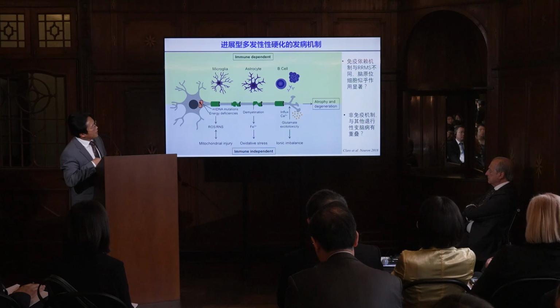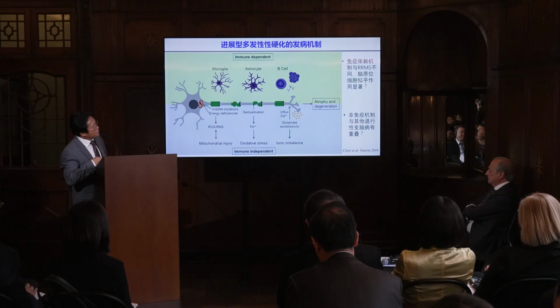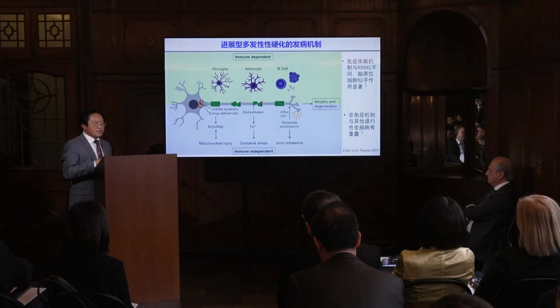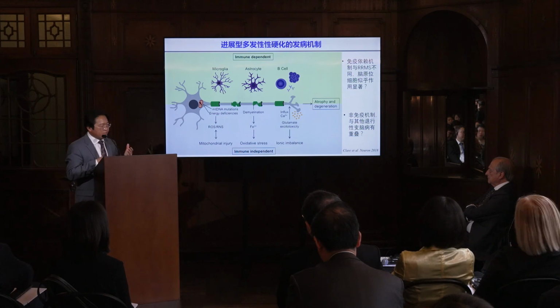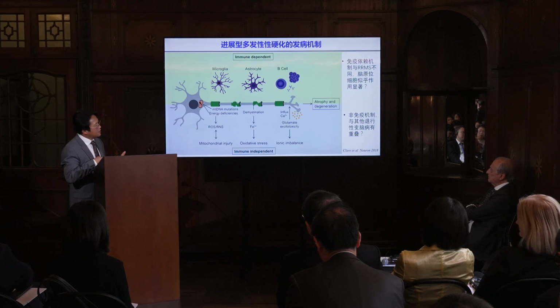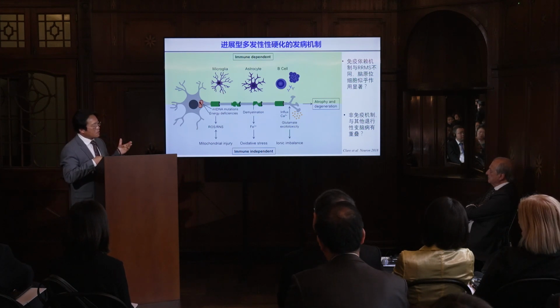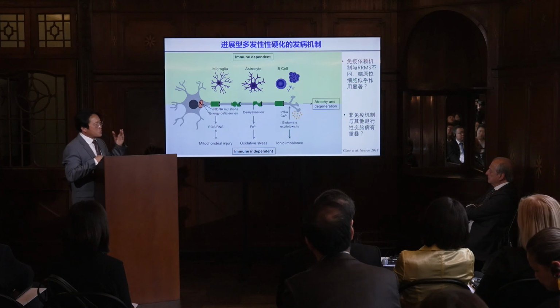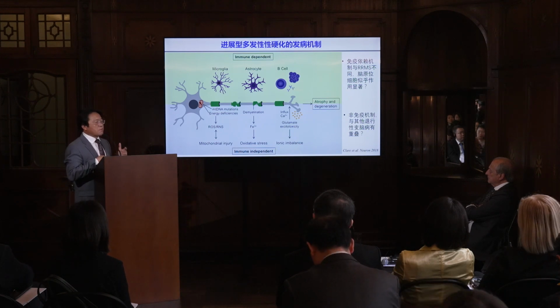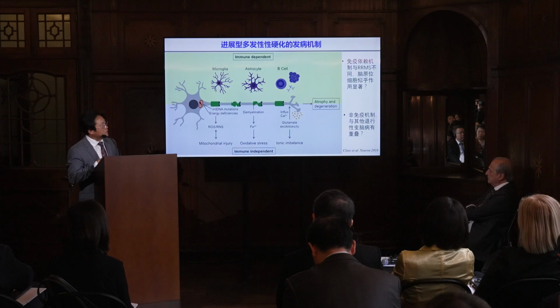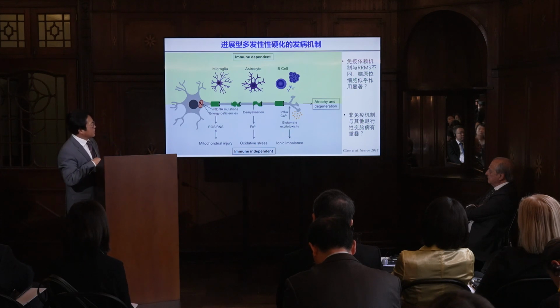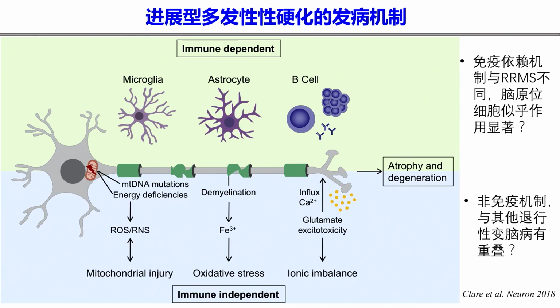We have to note that the spectrum of immune driving force is very different than the case of CIS or early phase of MS. In that, innate immune cells are the driver, and also brain intrinsic cells probably play a more prominent role in driving progression of disease. The so-called immune independent mechanisms are illustrated here.